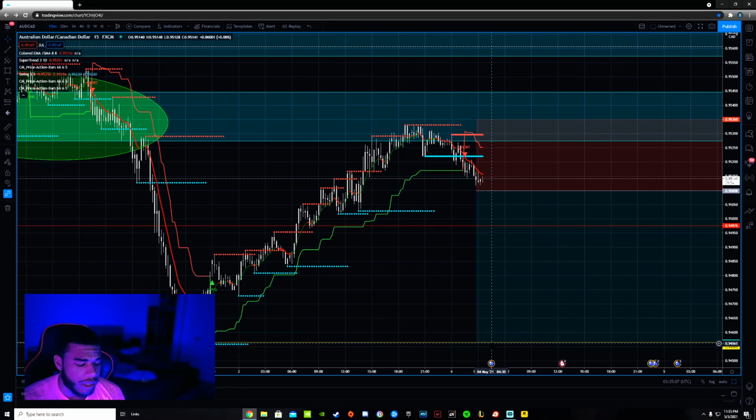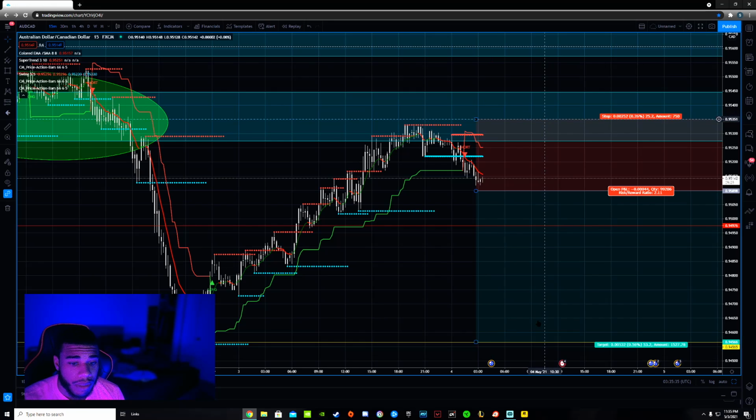So when price hits 0.95100, a trade will be executed, initiated. A stop loss will be set at 95350, and my take profit will be down here at 94560. So that will be two of my positions.